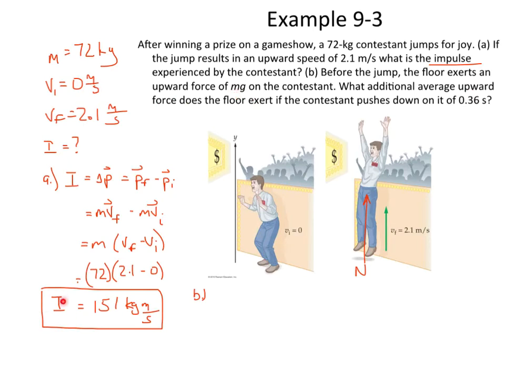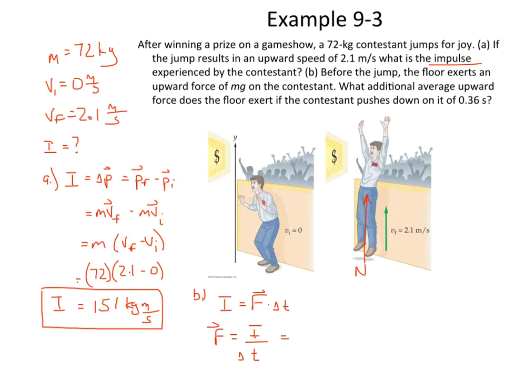So our impulse is 151 kilogram meters per second. Let's solve for the force now. Aside from impulse being change in momentum, the impulse is force times a change in time. So if we simply solve for force, what extra force besides his weight does the floor have to exert? That's going to be his impulse divided by the change in time.